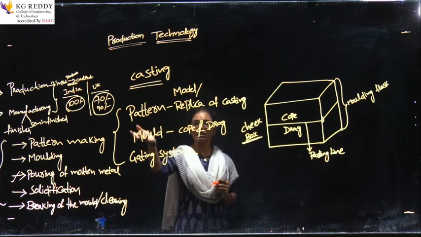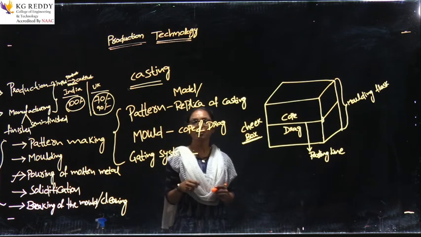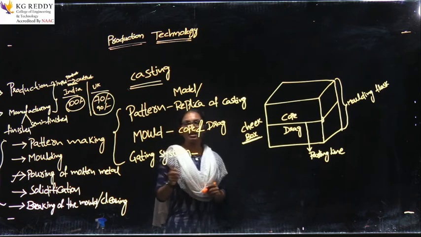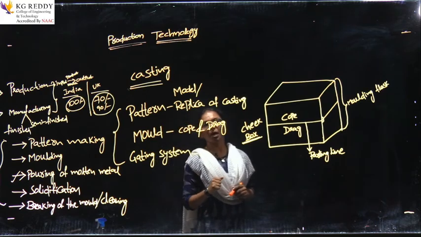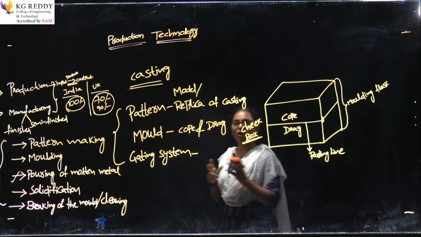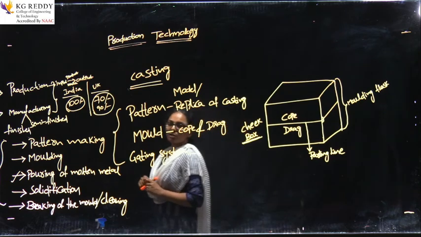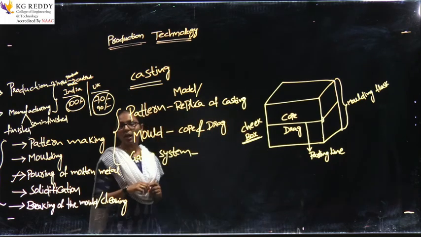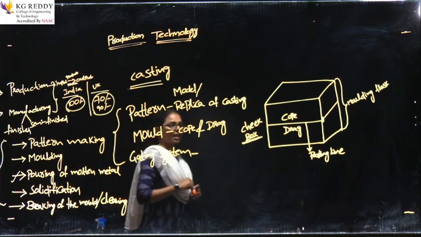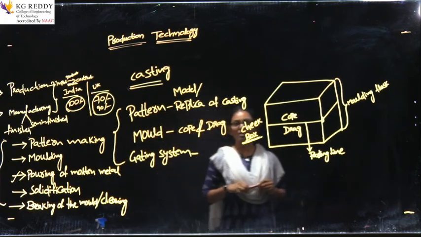To cast intricate components also, casting is preferable. It is very easy to perform compared to other processes, and the cost of the process is also very low. So we mostly prefer casting as the fabrication process.